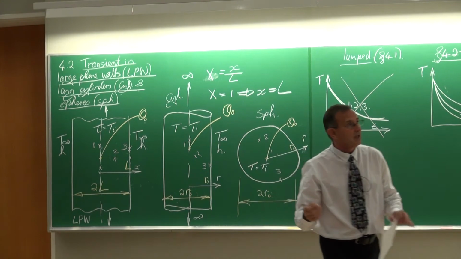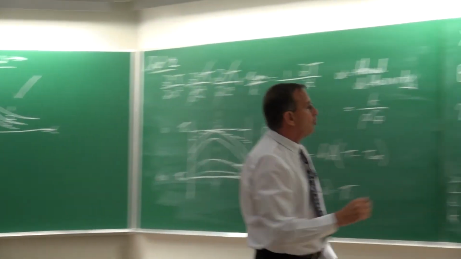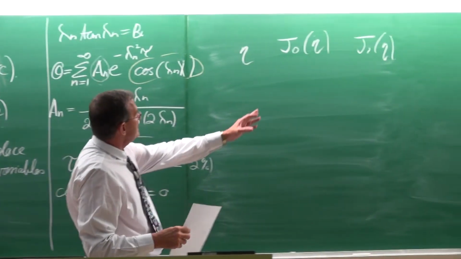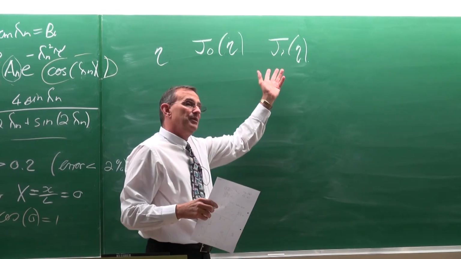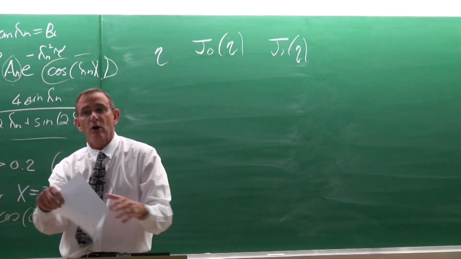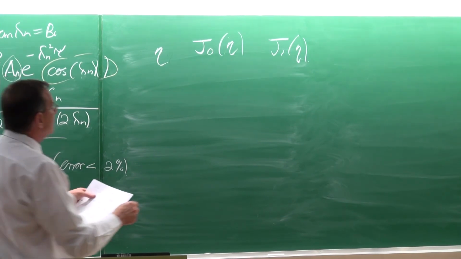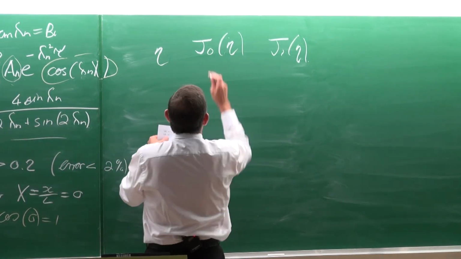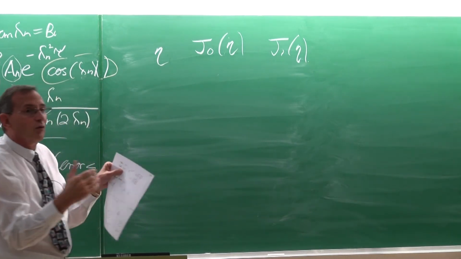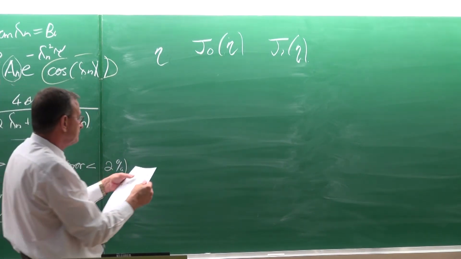And many students thought that they knew what eta is, and now suddenly eta appears, and then they say, where do I get eta? How do I calculate eta? Now eta is just the value that we want for the Bessel function.